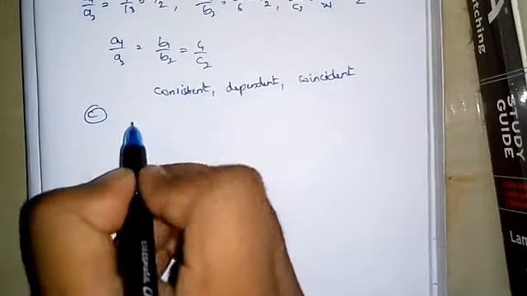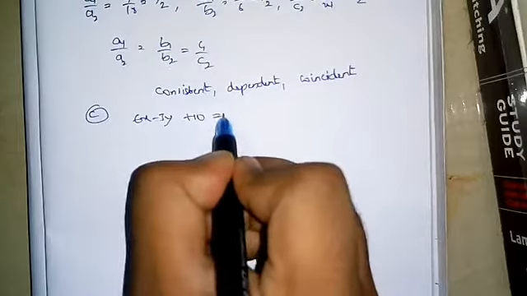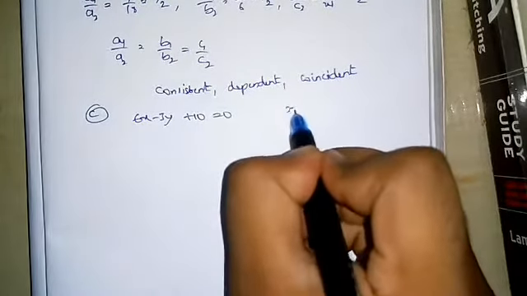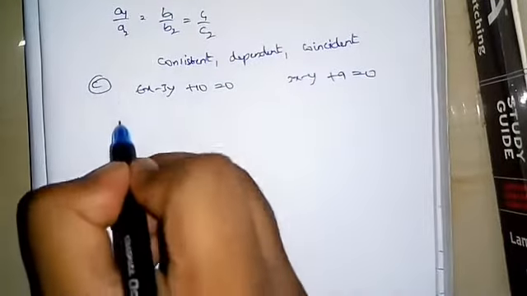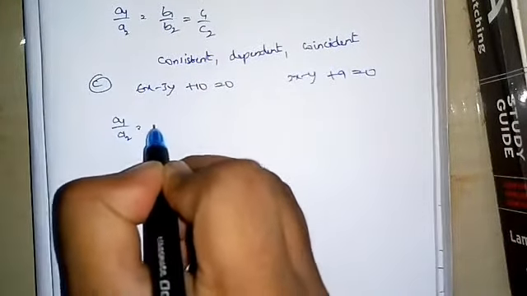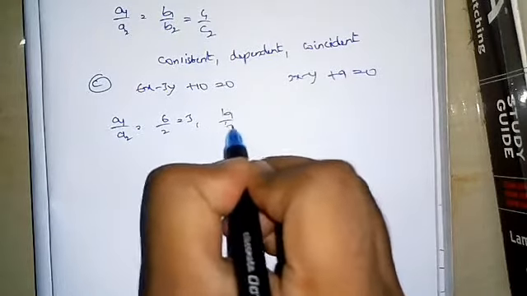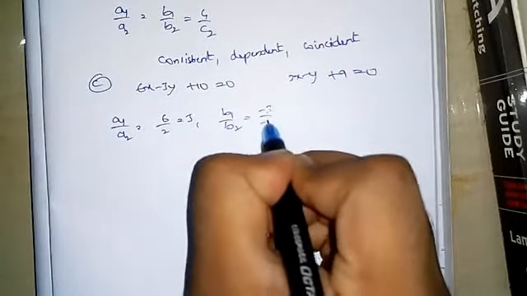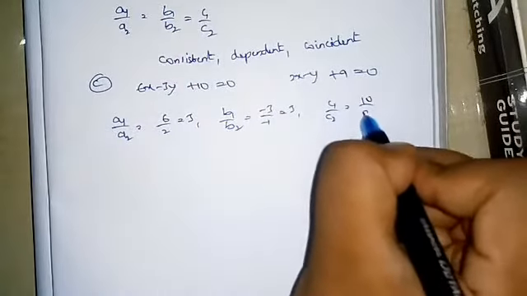Next, see it. 6x minus 3y plus 10 is equal to 0, 2x minus y plus 9 is equal to 0. So a1 by a2 is equal to 6 by 2 is equal to 3. b1 by b2 is equal to minus 3 by minus 1 is equal to 3. c1 by c2 is equal to 10 by 9.